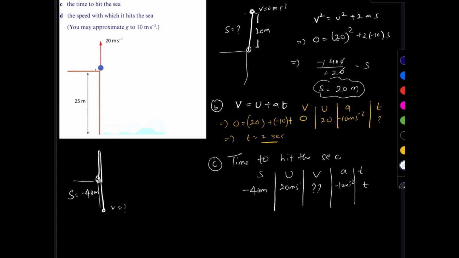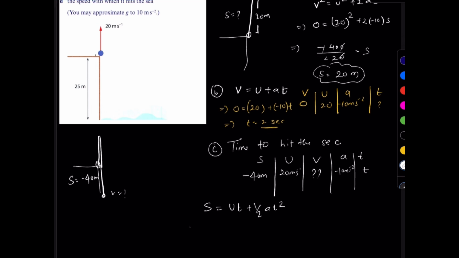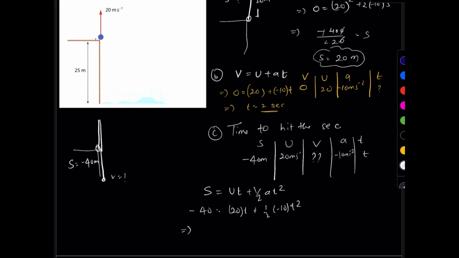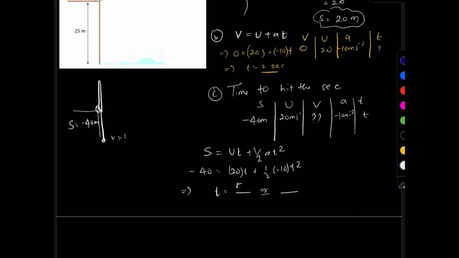So if I write down this equation, S is equal to ut plus 1 half at square, and I plug in the values: minus 40 is equal to 20t plus 1 by 2 into minus 10t square. This turns out to be quadratic, and you will be able to solve for two values of t. One of them will be 5 seconds, the other will be some negative number. You can solve it.